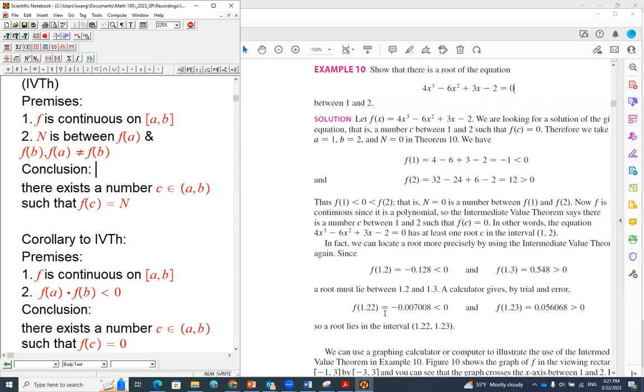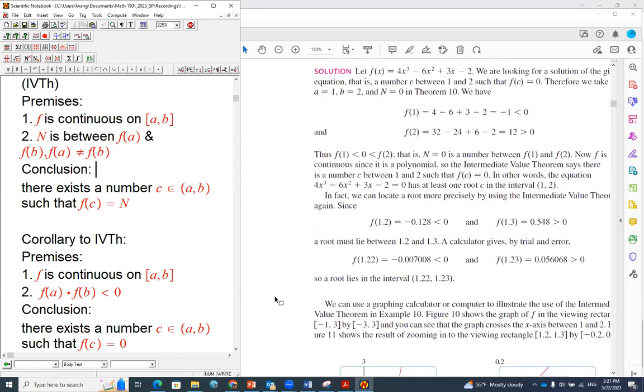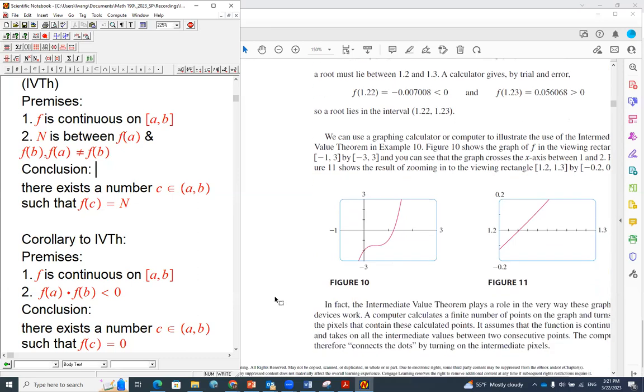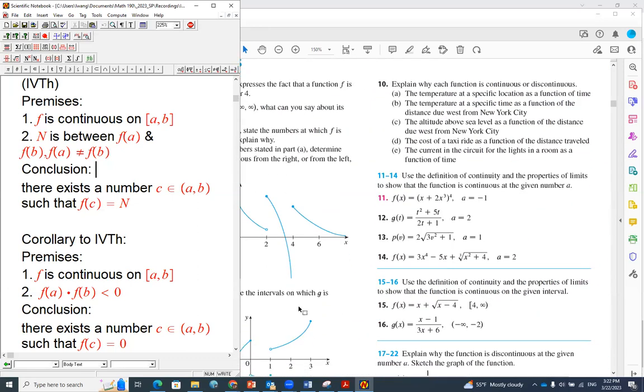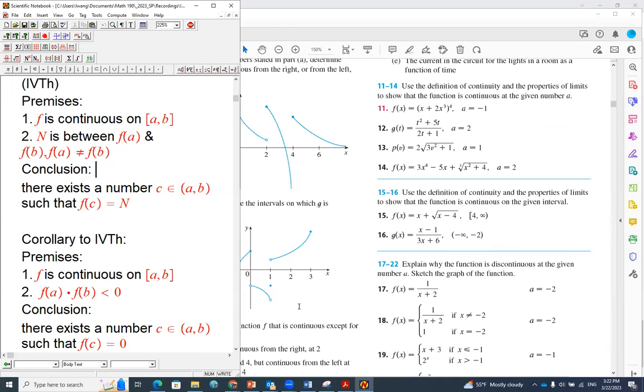You have to try different numbers and make the interval even smaller, and they keep shrinking the interval until they have a decent approximation. But for most of us in this section, we just want to apply the theorem and demonstrate that a solution exists.